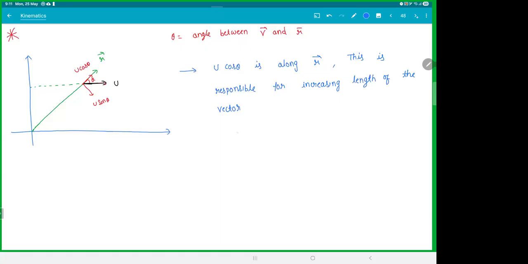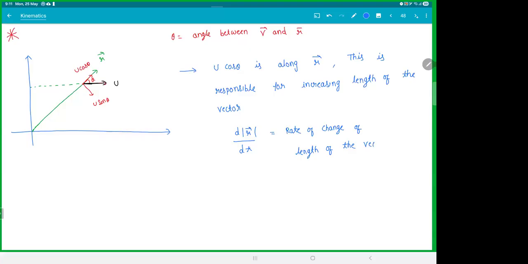So, but think about that. What is d mod r by dt? D mod r by dt is the rate of change of length of the vector. And you're saying u cos theta is also responsible for changing the length of the vector. So basically d mod r by dt is nothing but u cos theta.